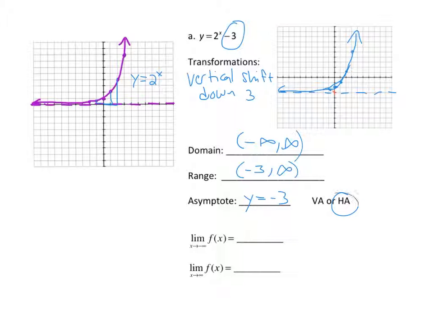It's horizontal. The limit as x approaches -infinity: as the x values head to -infinity, the y values are all heading towards -3. And as x approaches positive infinity, the graph shoots up. So the limit as x approaches infinity is positive infinity.